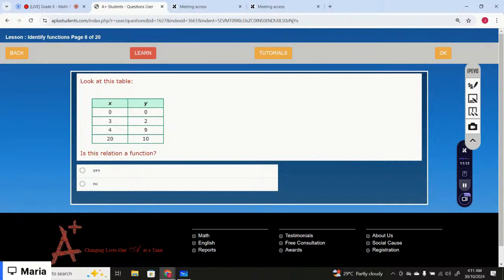The correct option is yes, that is a function. Okay, you can complete the lesson by yourself later today. Let me just move on to the next lesson.